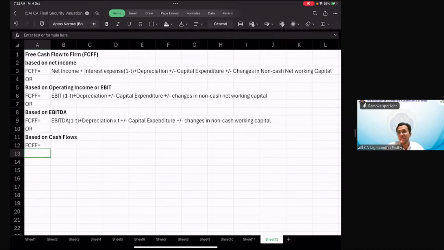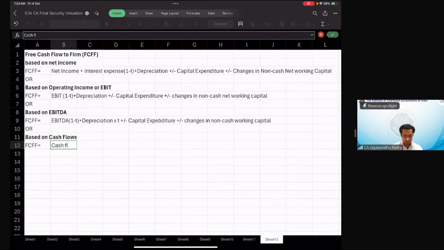We know how many parts our cash flow statement has, by the way, guys? 3 parts, right? What are those three parts of the cash flow statement? Operating, financing, and investing. Correct?